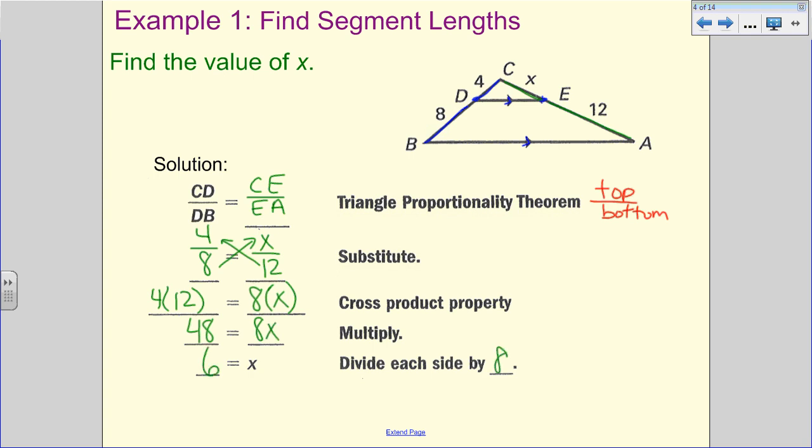So we get X is equal to 6. Now some of you looked at it and said, I know it should be 6. 4 is half of 8, and 6 is half of 12. You're seeing those ratios. Awesome. What this cross product does is it allows you a way to verify that. But yep, using your mental math, seeing that relationship allows you to also deduce that X is equal to 6.